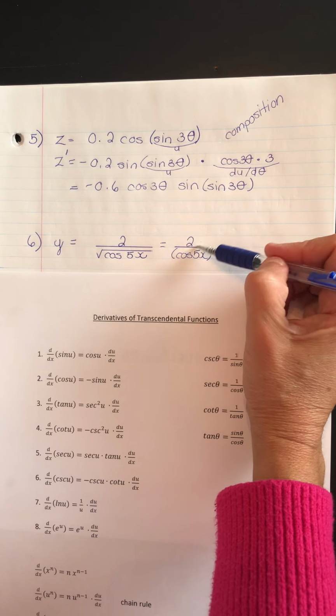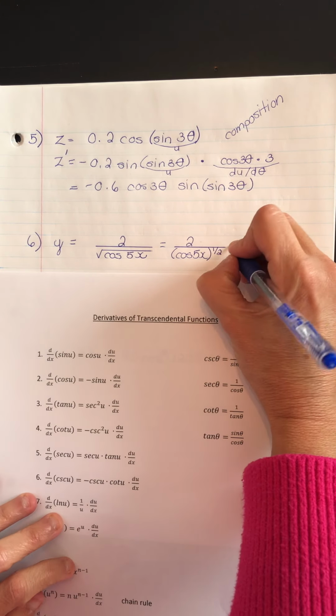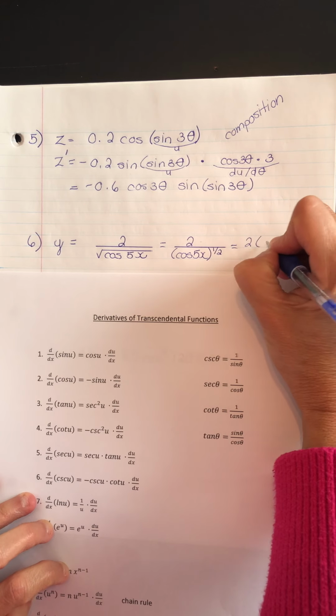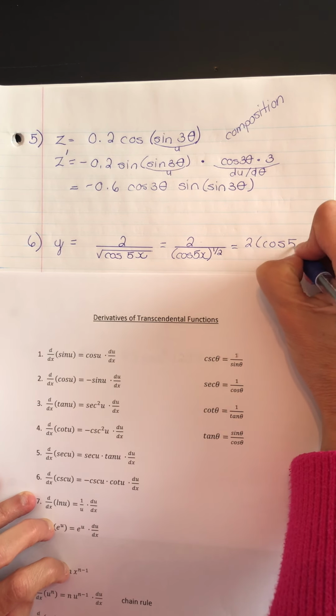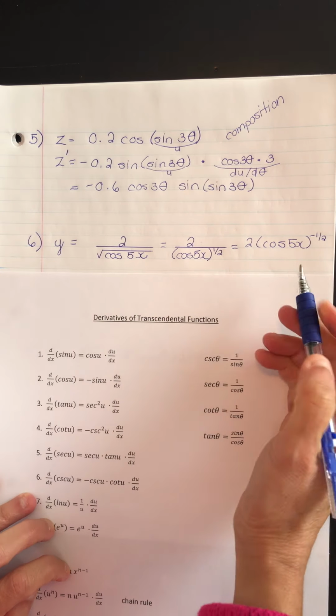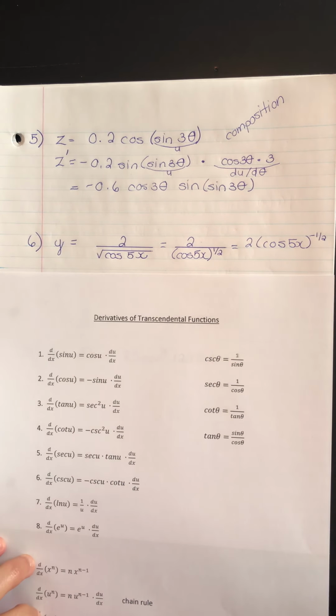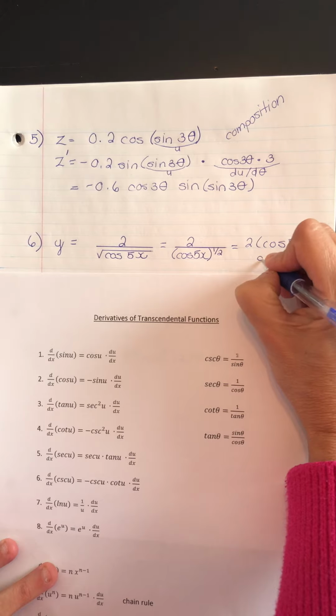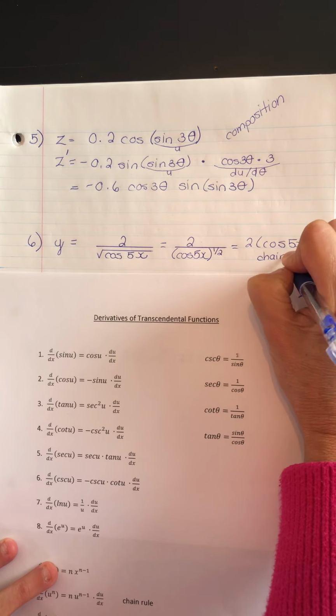This is just a constant. So the easier way to solve this is to bring this up with an exponent of negative 1/2. And now we would use the chain rule.